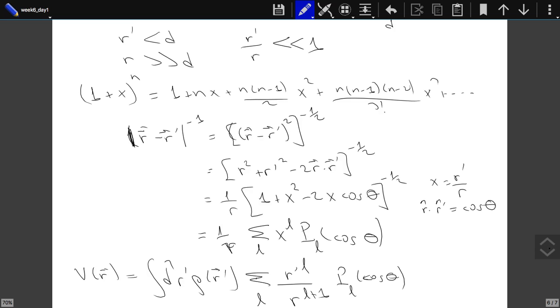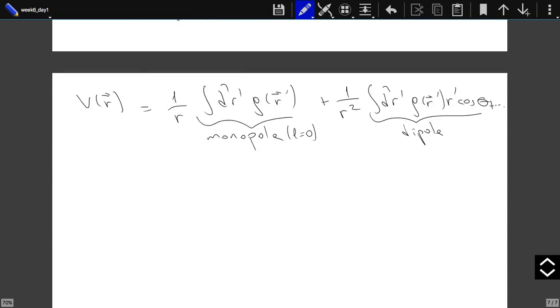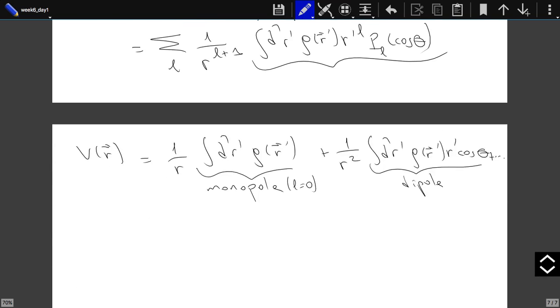So for such a system, r prime over r is typically of the order of 10 to the power minus 5, so that's very small. So if the system doesn't have a monopole, it has a dipole, so this will be the dominant contribution. The next term will be just negligible, a factor of 10 to the power 5 smaller. So we can safely ignore them.